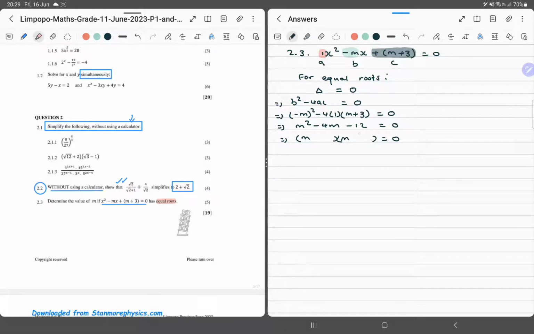Factors of 12 that can give us a 4 are 6 and 2. But now the 2 must carry the positive. The 6 must carry the middle term sign. So we can see that m here must be minus 2, or m must be 6.